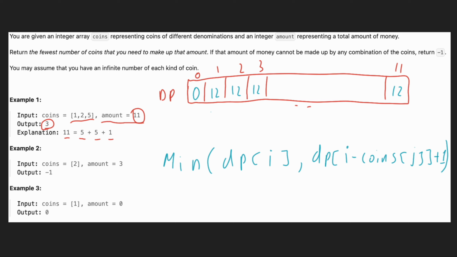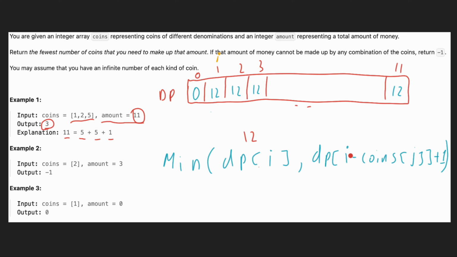So let's take this example. In this case, dp[i], we are starting from 1 because dp[0] is equal to 0. Our i is here, i is equal to 1. So what is the value of dp[i]? dp[i] is 12.